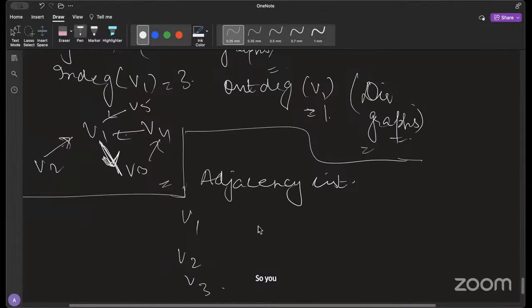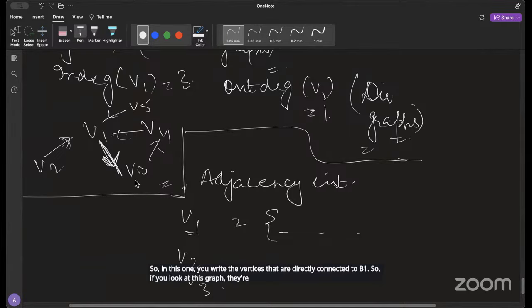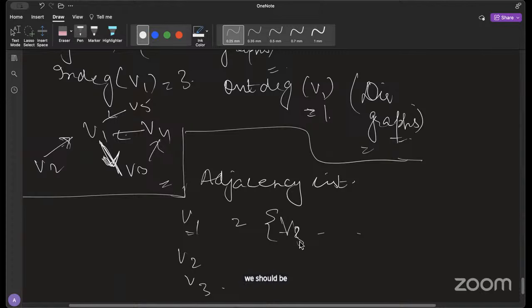You write all the vertices that are directly connected to V1. If you look at this graph, the directly connected one is just V3, right? Only V3 you can reach from here, and then this ends here.